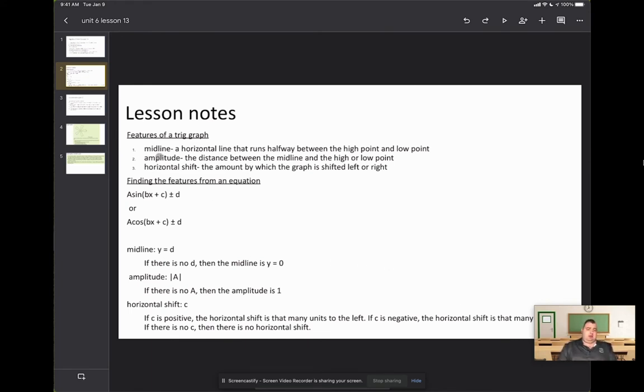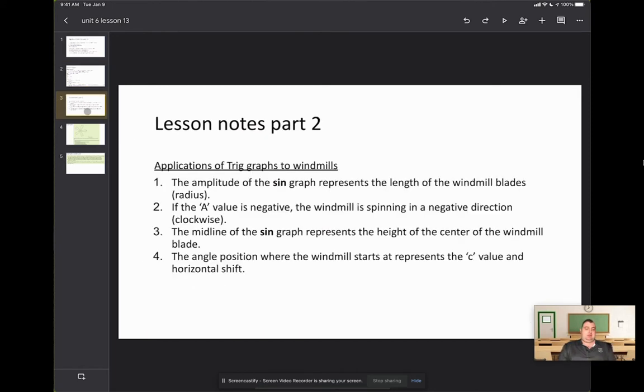What we're going to do is look at the features of these graphs through the application of a windmill. A windmill goes around in circles, so we can apply trig graphs to that. More specifically, we can apply the sine graph to how a windmill rotates.